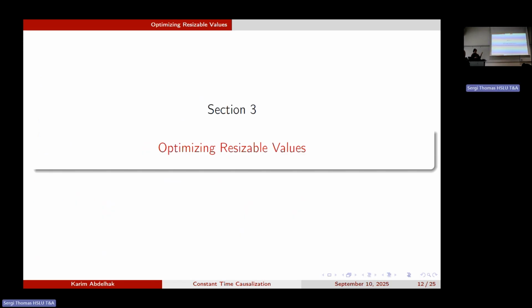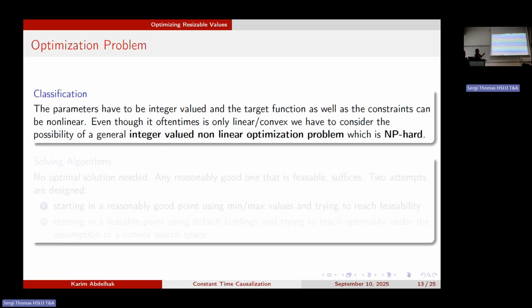Okay. Now I showed you a lot of different obstacles. How do we combine all this into a proper problem that we can solve? Well, it's an optimization problem. Specification of it sounds dire. In general, it's an integer valued nonlinear optimization problem, which is in general NP hard.